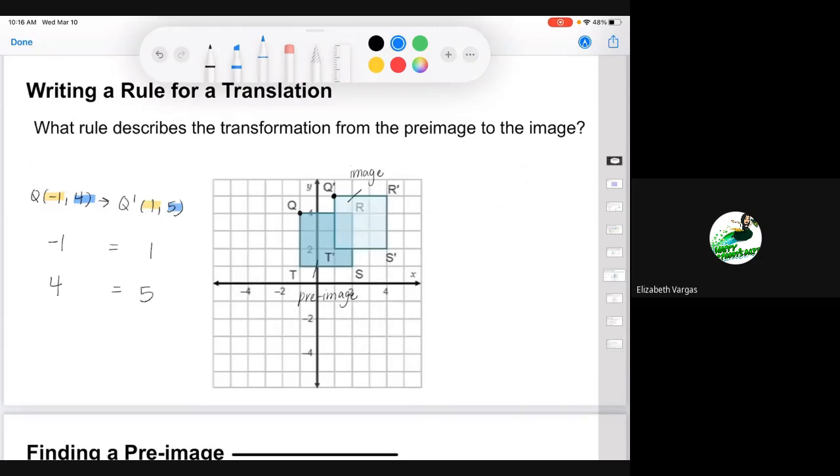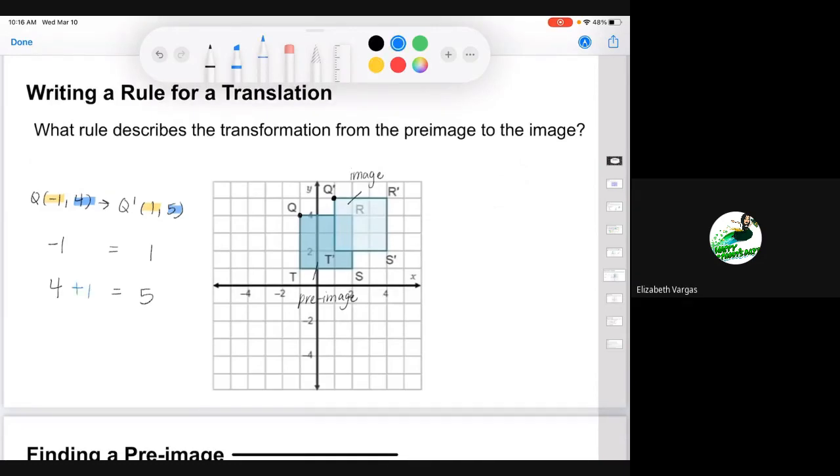Well, it looks like here I'm adding a +1. So to my y, I add 1. And here, I'm adding 2, right? Because -1 plus 2 gives me 1. So what do I need to do? Add 2 to my x and add 1 to my y.